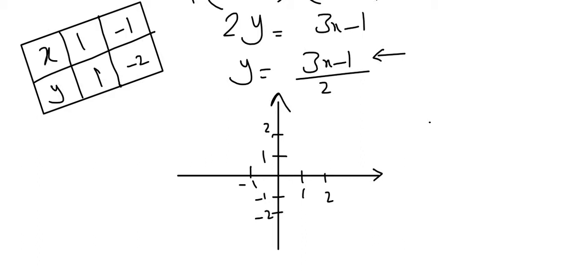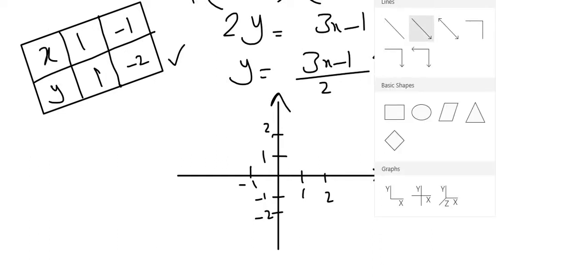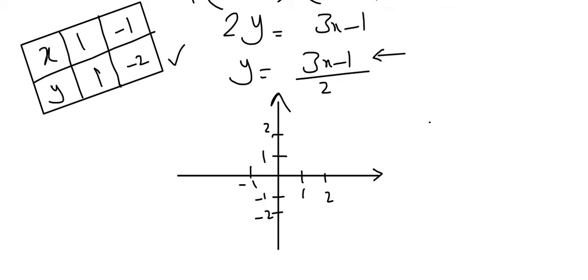Because we get one value of y as minus 2, that's why I draw here y minus 2. When we draw the line we get this line. This is the graph that we have to draw. You also mark here, this is 1 and 1, and this is minus 1 and minus 2.